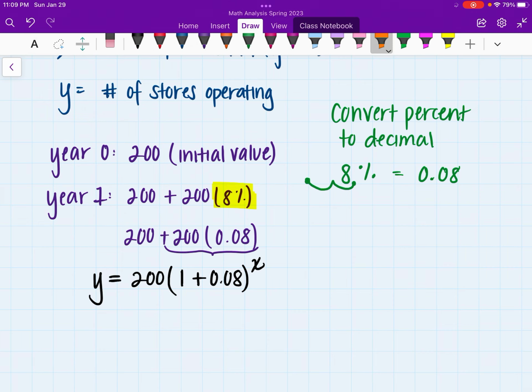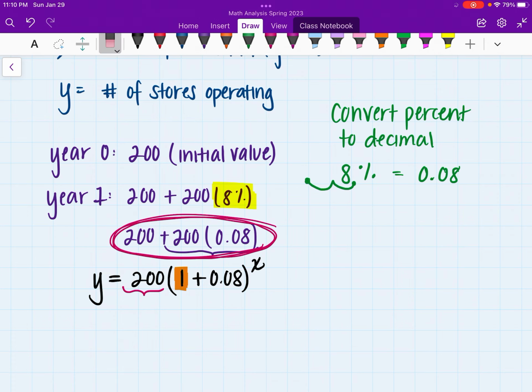Now, you might be asking yourself, why is it a 1? In this case, it is a 1 because we're considering this as a whole. Since I started off with 200, I am basically multiplying that 200 on this first one. I add 200 times the rate of increase, and then it just keeps on going from there.